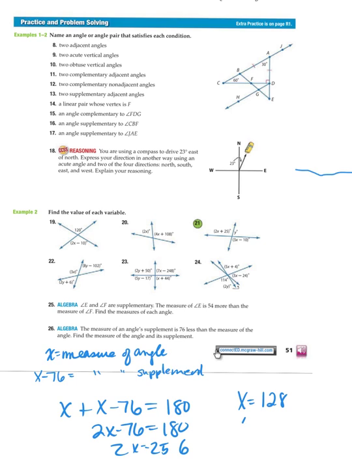And so x minus 76 is the other angle, because it said find the measure of the angle and its supplement. So that's going to be 52. So those are my two degree measures. These are both supplementary, so they're both going to add to 180.